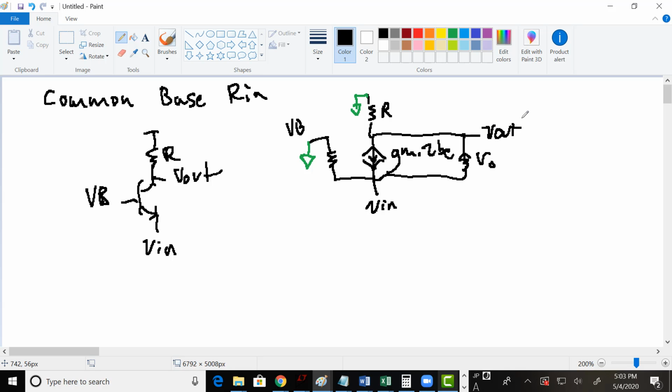Okay, in this case, there is nothing we combine. This R pi goes from ground to Vn. There's nothing else that goes from ground to Vn.